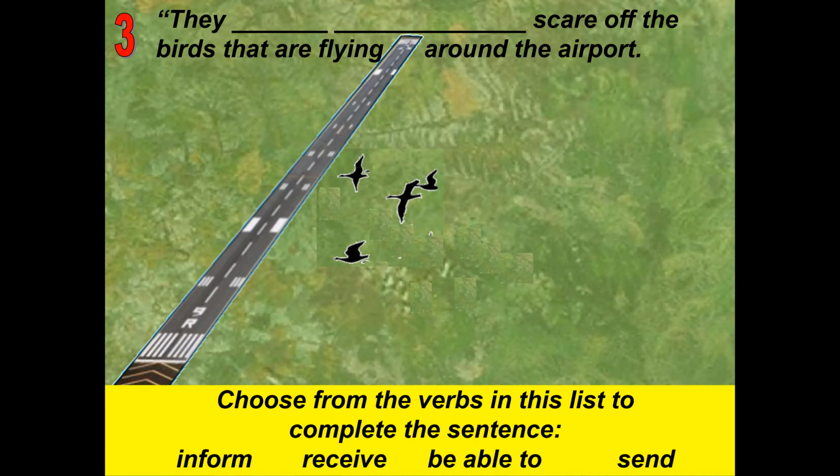Okay, they can do it. Able. They are not able, or they are not unable. Yeah, right. They are not able to scare off the birds flying around the airport. Yeah, they haven't been able to. They haven't been able to scare off the birds, or simply they are unable to scare off the birds.